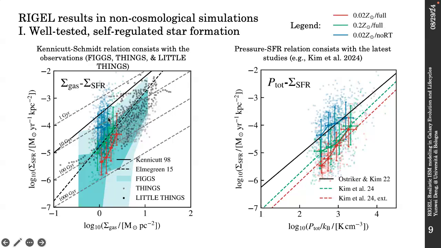And the right panel is the relation between the star formation surface density and the ISM total pressure.